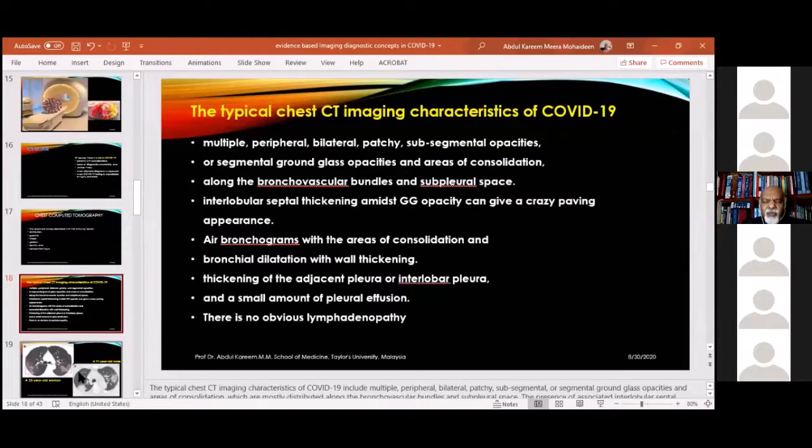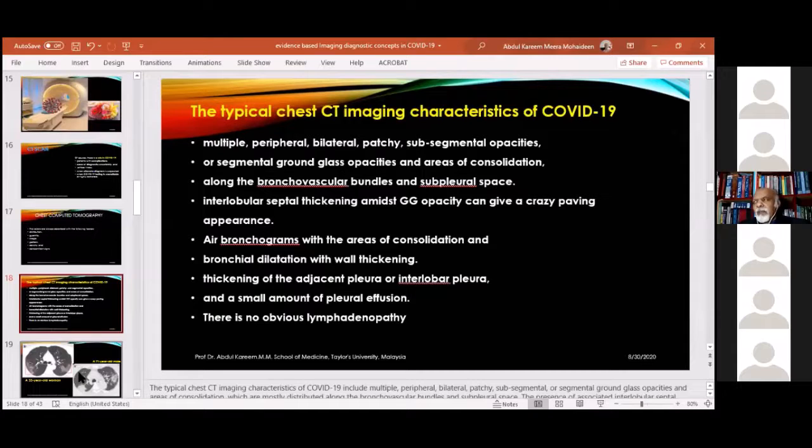And besides all these findings, you may be able to see wall thickening. The bronchi are not only dilated, but the walls will be thickened because of the inflammation, and peribronchial cuffing. You can see that. And also it may affect the septum between the segments and alveoli.